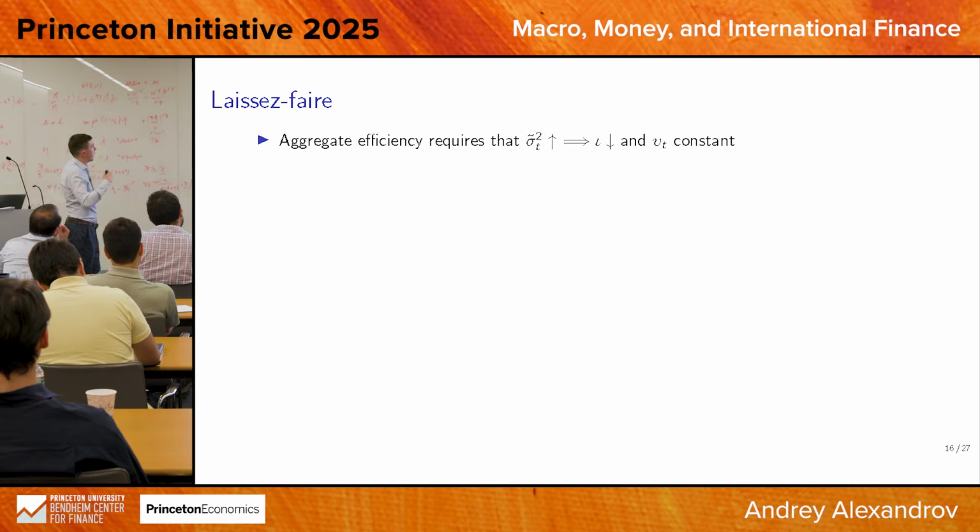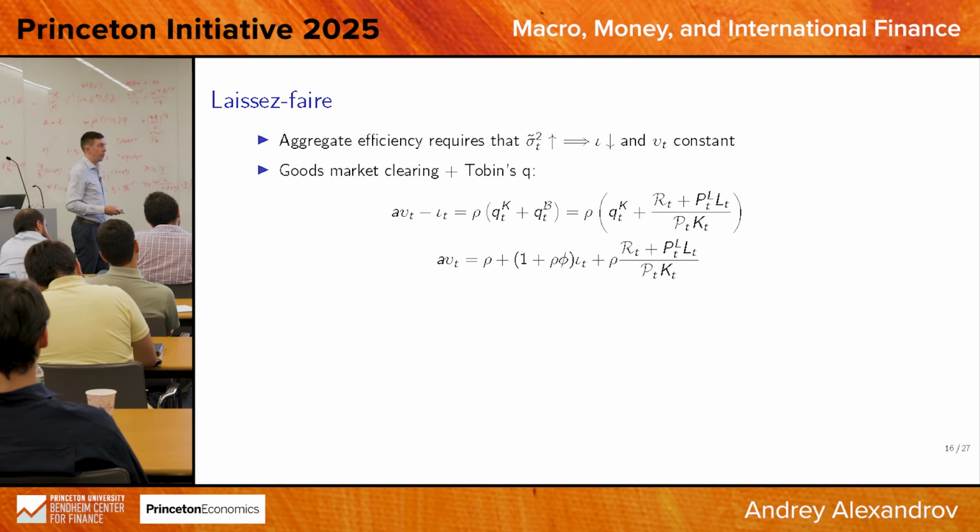So recall the aggregate efficiency requires efficiency of the aggregates, of the path of total capital and total output. That requires if you have a shock, sigma tilde goes up, you should disinvest, but don't touch utilization. Just produce as much given your current stock of capital. Let's see what happens in competitive equilibrium.